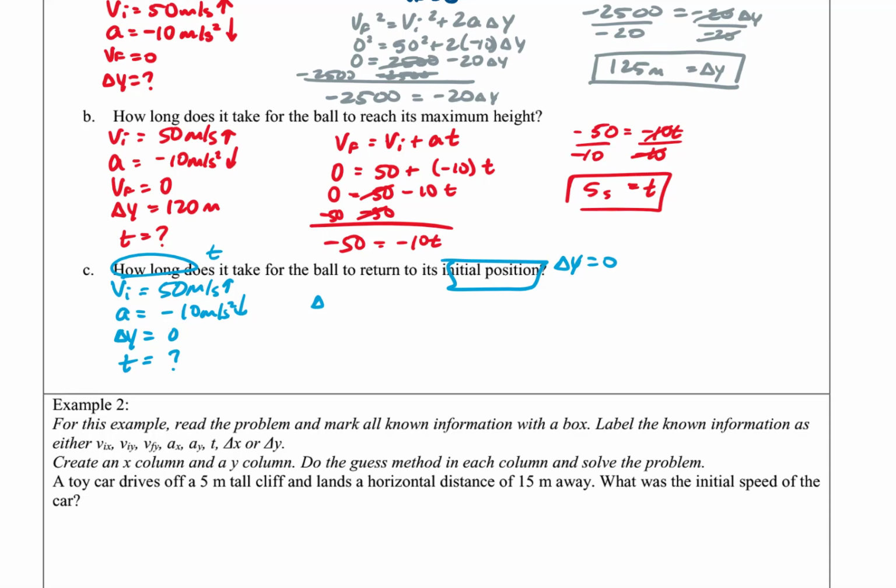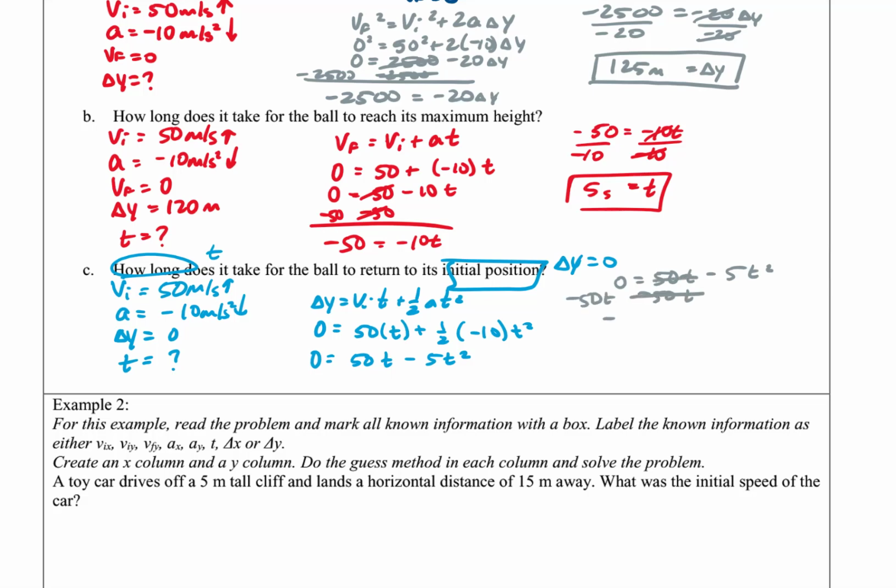So in order to do this, delta y is equal to v initial times time plus 1/2 acceleration times time squared. So 0 is equal to 50 times time plus 1/2 times negative 10 times t squared. 0 is equal to 50t minus 5t squared. We'll just rewrite that. Now, in order to get t by itself, we're going to subtract 50t from both sides.